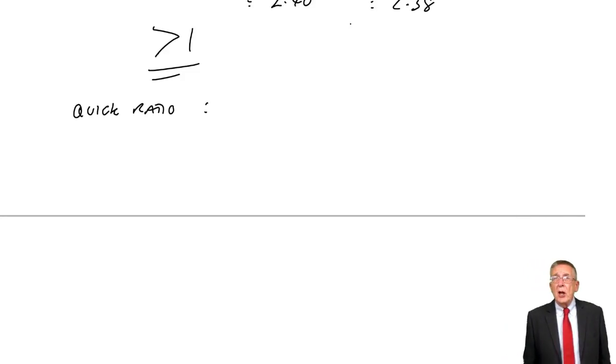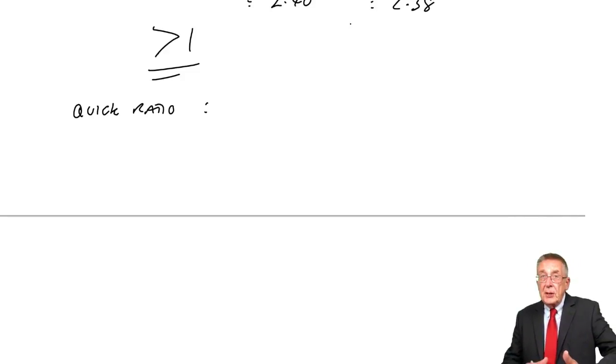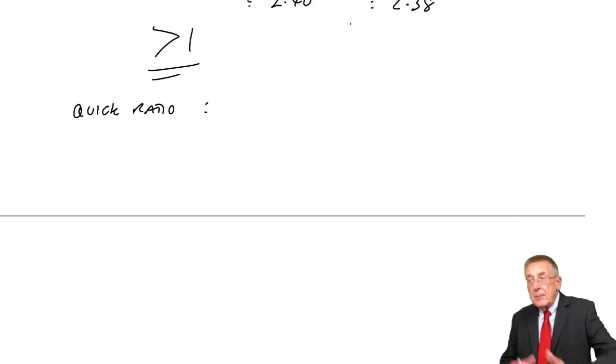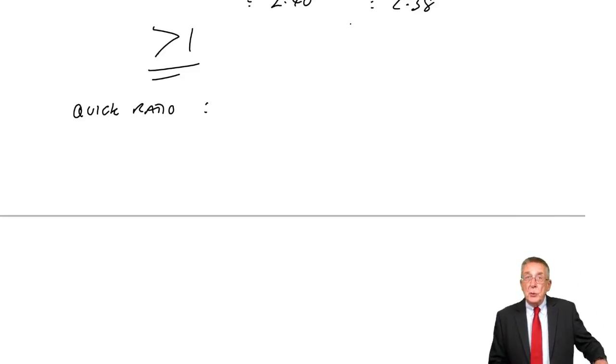Inventory, though, will take longer because in order to get the cash from inventories, first of all, we need to be able to sell them, and that may take several weeks. And then, of course, if they're sold on credit, it'll be several weeks longer before we actually have the cash. But we need to pay payables perhaps sooner.